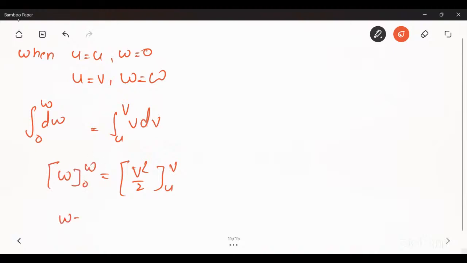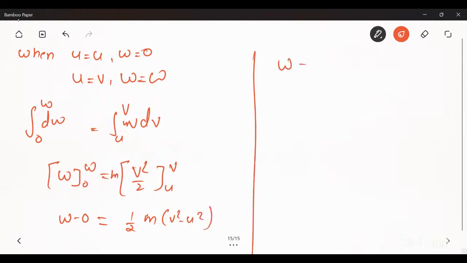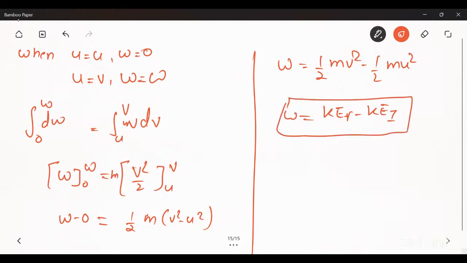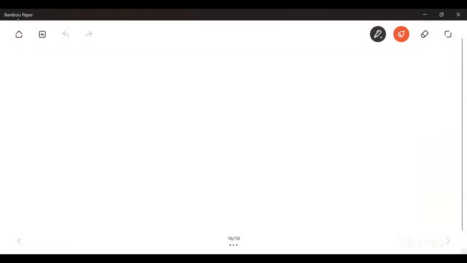On putting the limits, we get w minus 0 equals half m (v square minus u square). So work done equals half m v square minus half m u square. Half m v square means kinetic energy final minus kinetic energy initial equals the work done. So that was the work energy theorem proved by the calculus method.